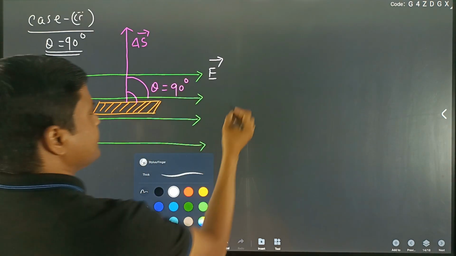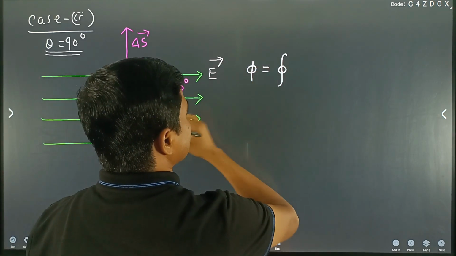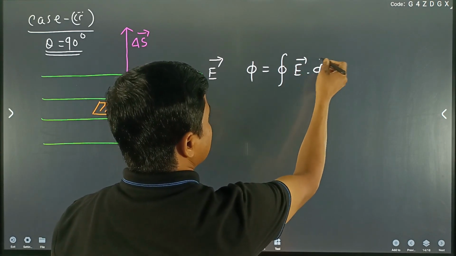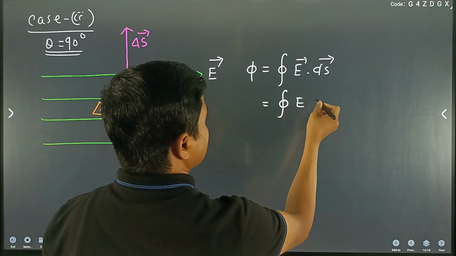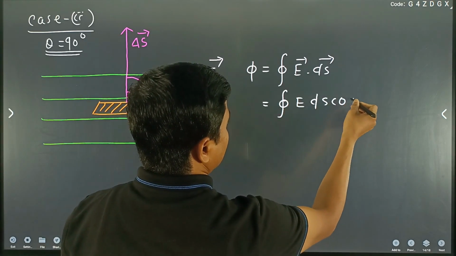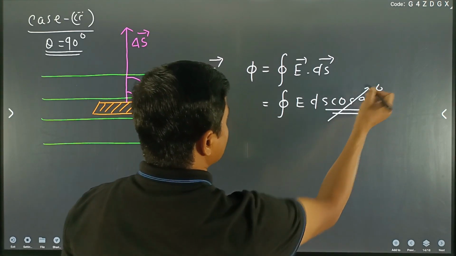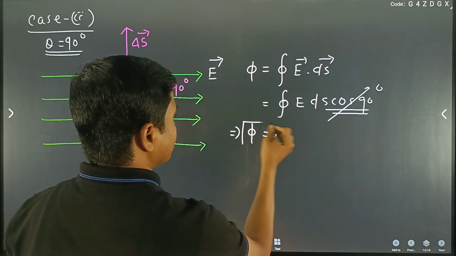If theta is equal to 90 degree, then in this case, flux is equal to integration over a closed surface. You know the formula, that is E dot ds vector. We write E ds cos 90 degree. Cos 90 is equal to 0. So finally we get phi is equal to 0.